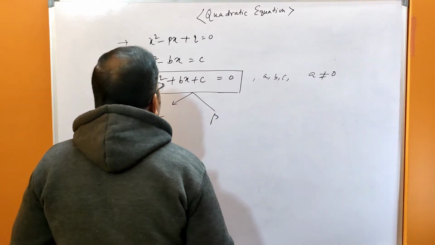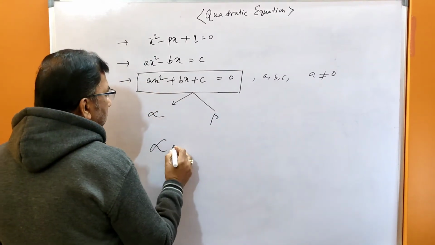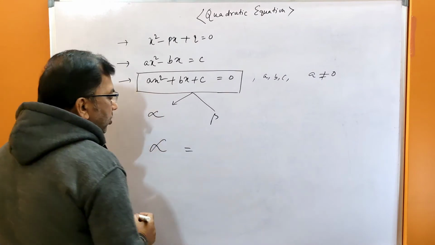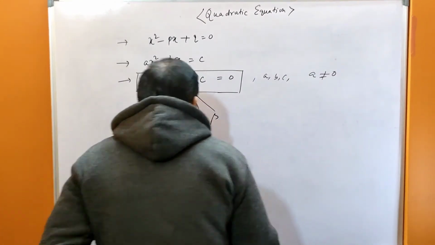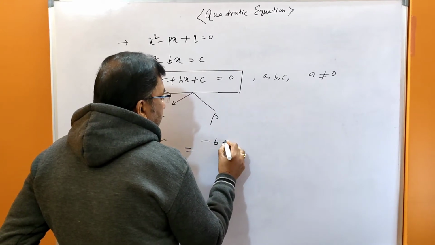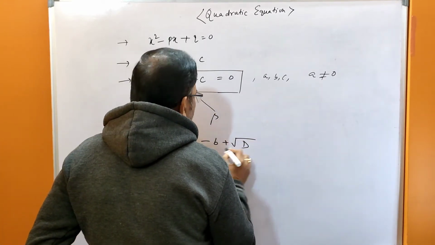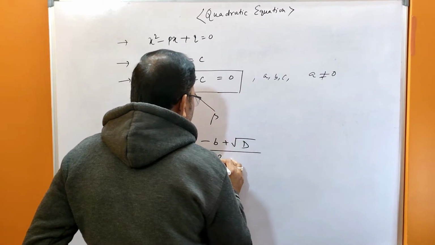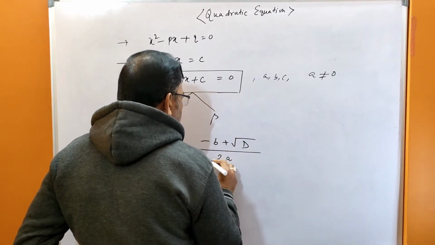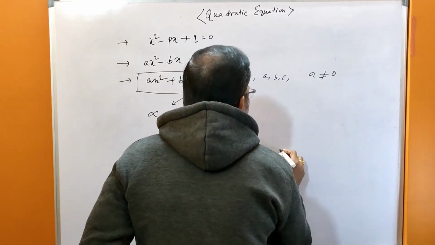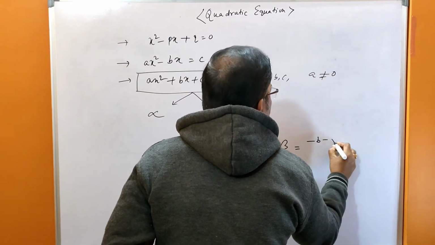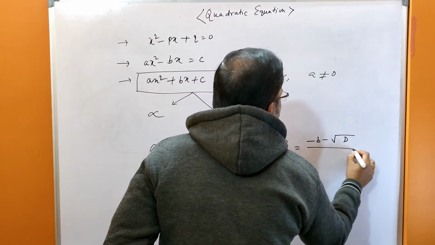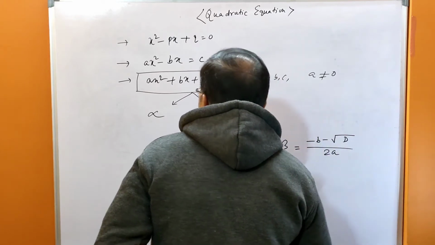Alpha equals one root of x. You can find it as minus b plus root d by 2a. This is one of the formulas. And beta, the other root, is minus b minus root d by 2a. This is the formula. Okay.